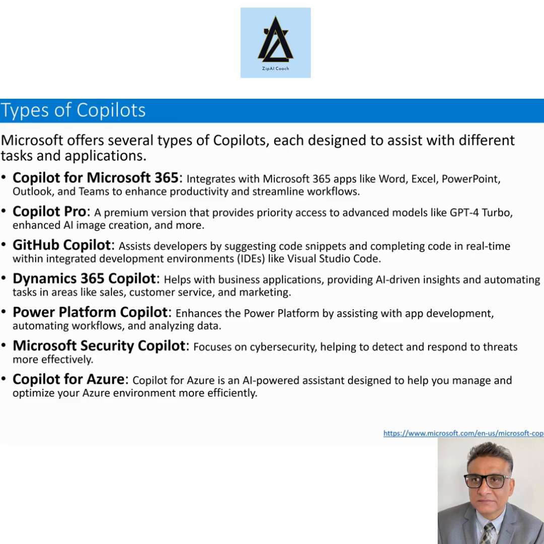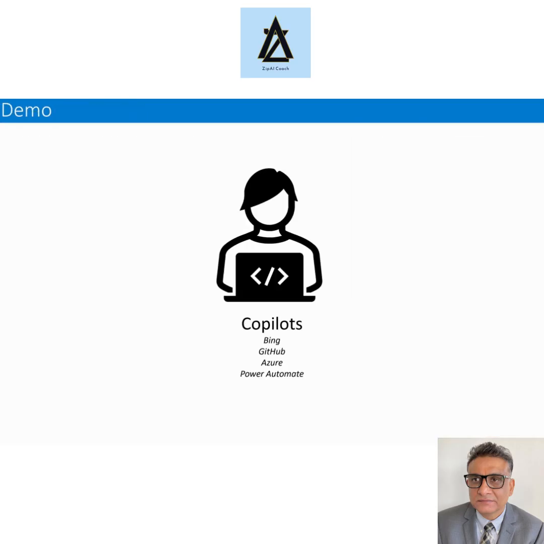Microsoft applications like Dynamics also have Copilot. And like I mentioned, there are Copilots for platforms. Power Platform, a low-code app development environment, also has a Copilot for its different components. There's a dedicated Microsoft Security Copilot, and there's a Copilot for Azure, which is the topic for today's session.